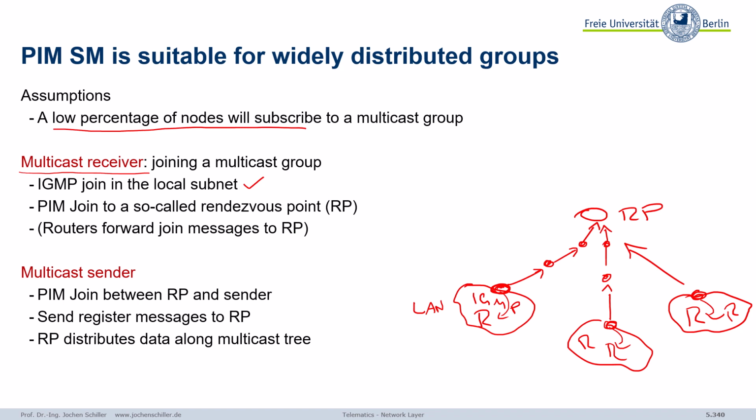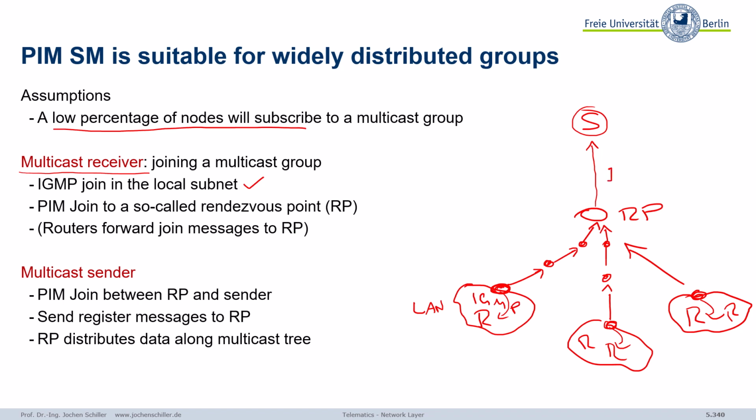And somewhere we have the multicast sender, and the rendezvous point then issues also a join message to the sender. If there's at least one participant, signaled via IGMP, the router forwards the join messages via several routers to the rendezvous point, if there's at least one receiver. So that's the idea.